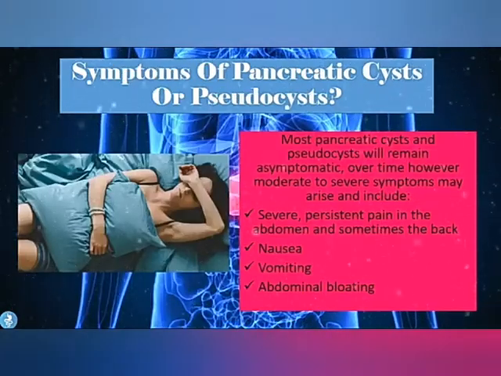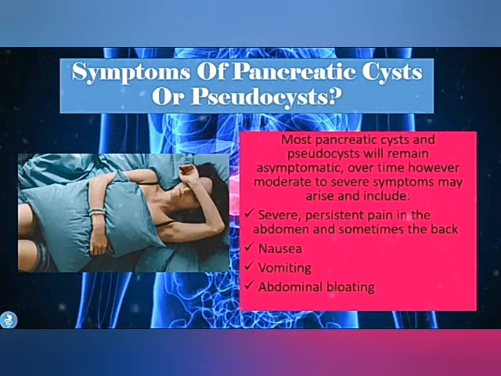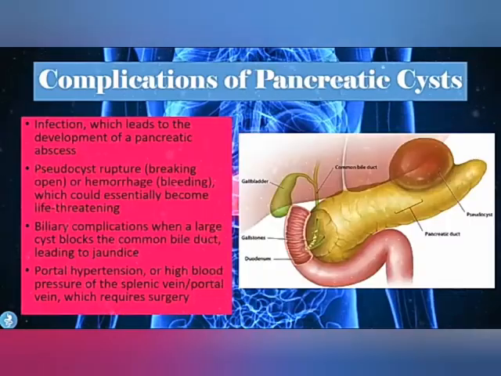So now let's briefly mention some symptoms of pancreatic cysts or pseudocysts. Most pancreatic cysts and pseudocysts will remain asymptomatic, but over time, moderate to severe symptoms may arise and include severe persistent pain in the abdomen and sometimes in the back region, nausea and vomiting, and abdominal bloating. The complications of pancreatic cysts.